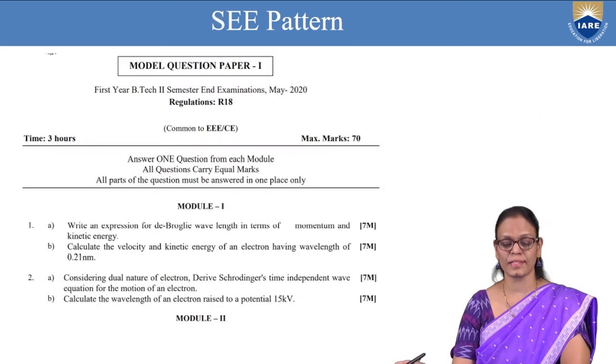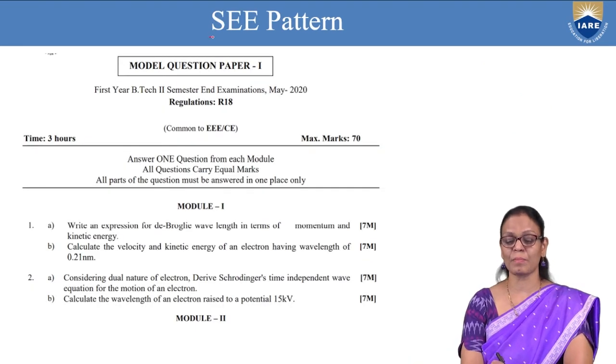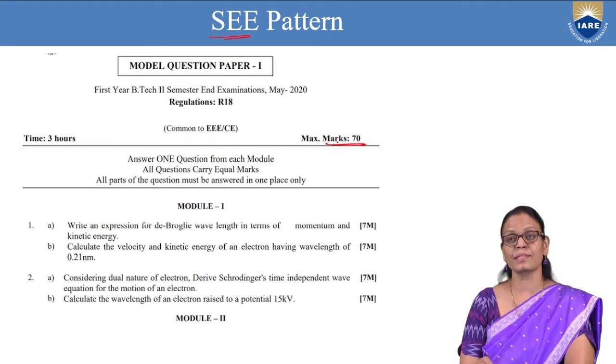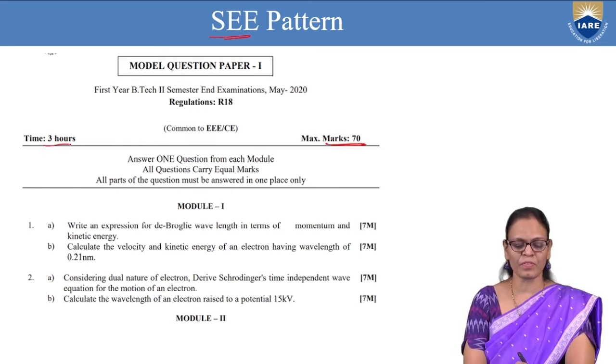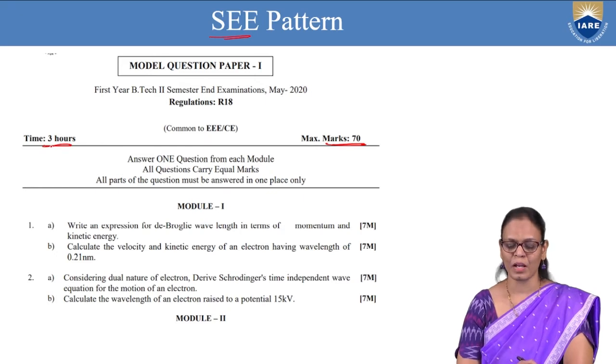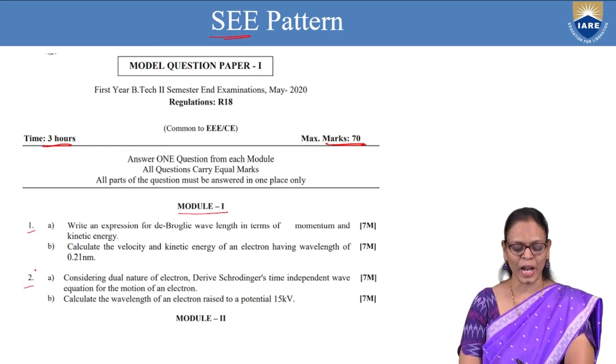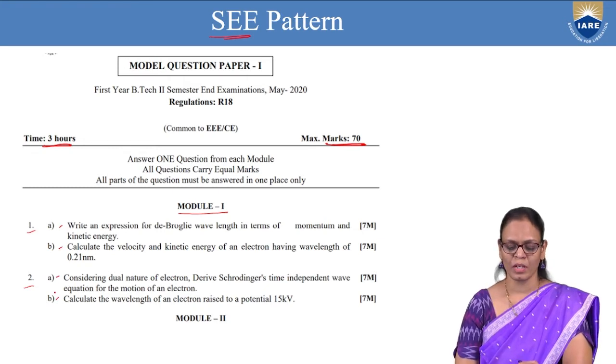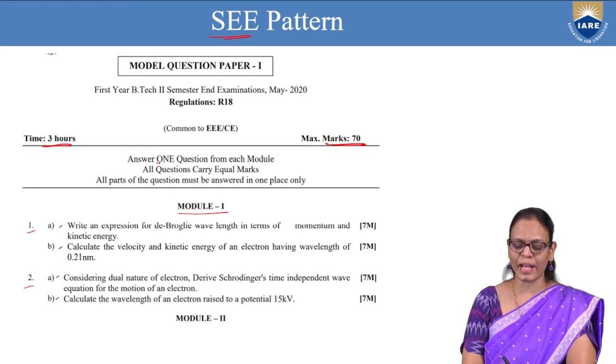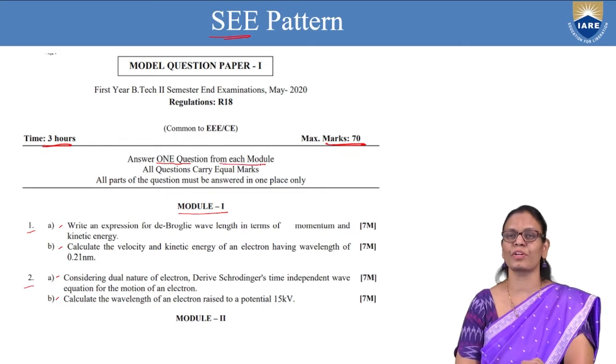Now coming to the SEE paper. SEE, semester end examination paper. It will be for 70 marks as I said, and the time given will be 3 hours. The way the questions are given is, from each module you will be given 2 questions, 1 and 2, and in each question there are subparts A and B. Here you have to answer any one question from each module.